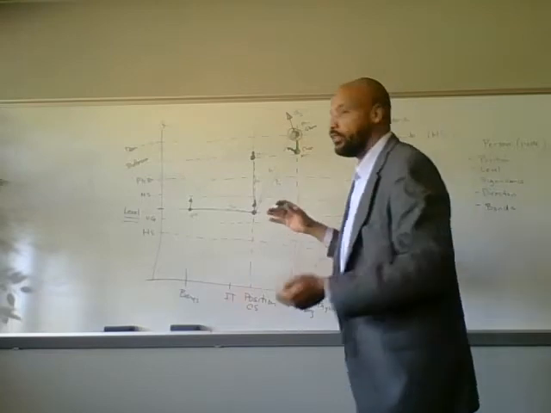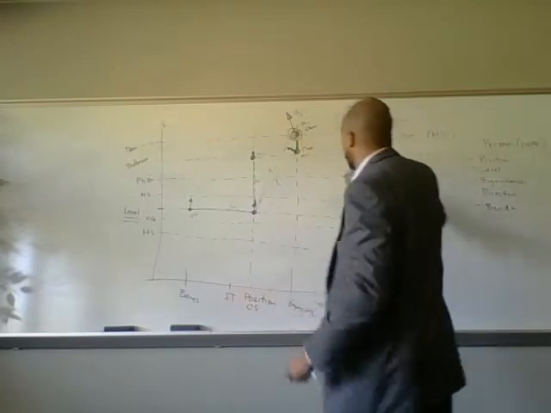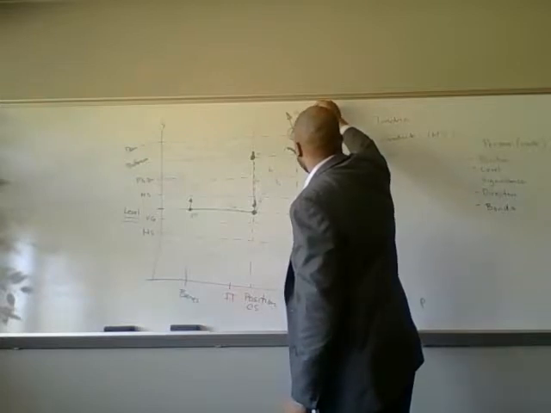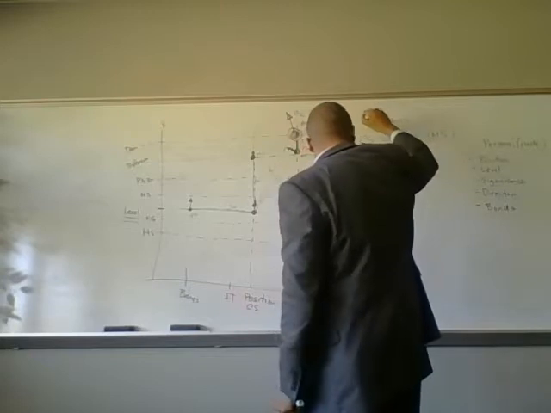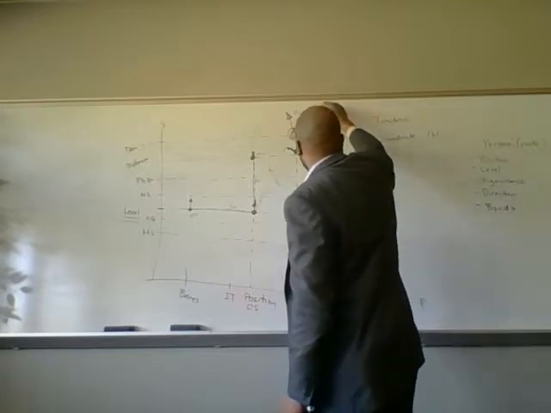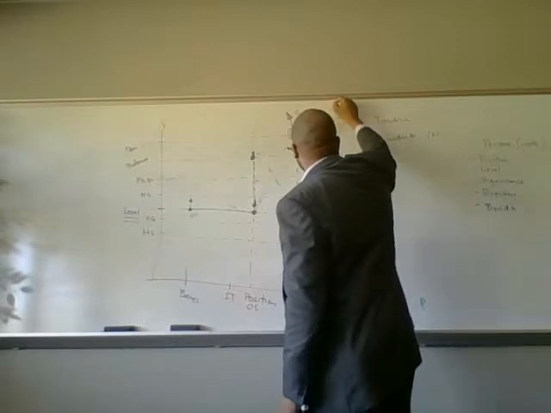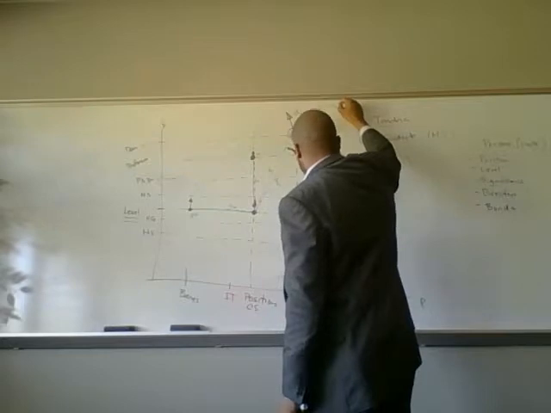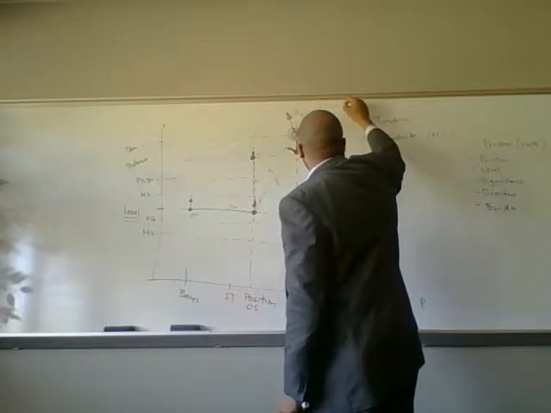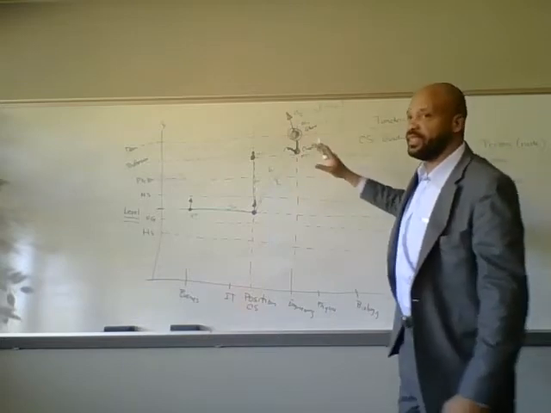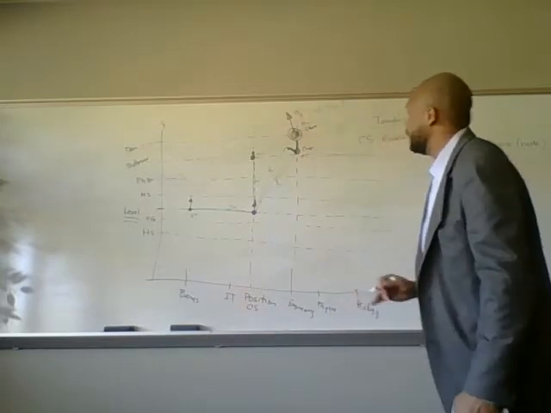This is making a vector. So this is going to be D2, P in the P direction plus D2, L in the L direction. That's a vector that does that, right?